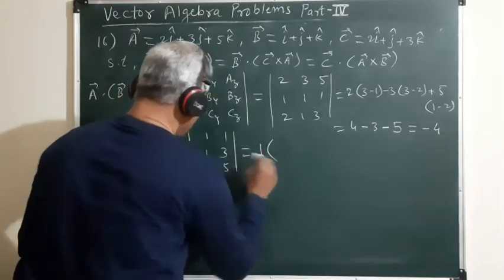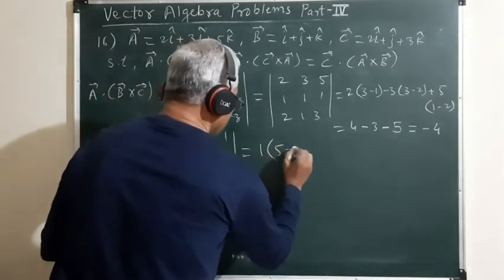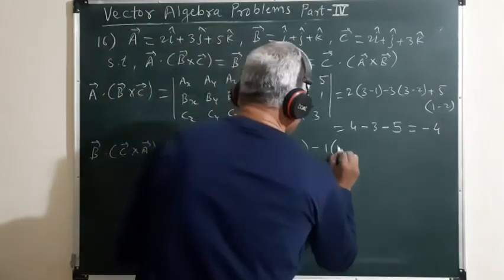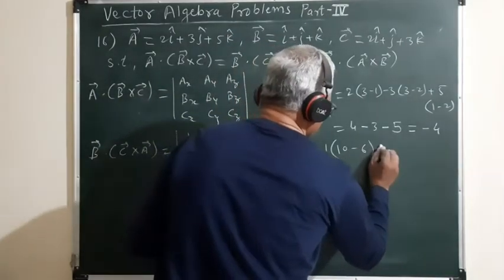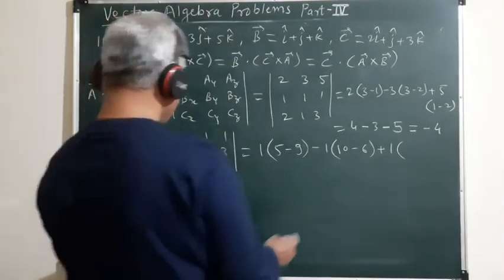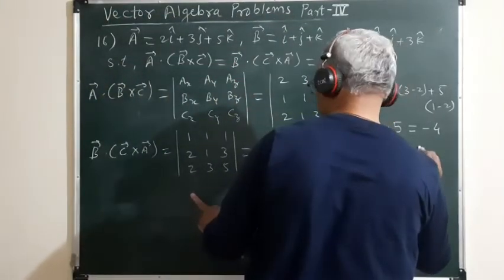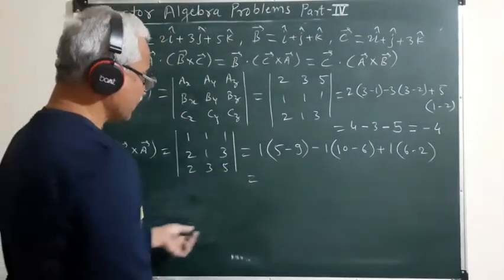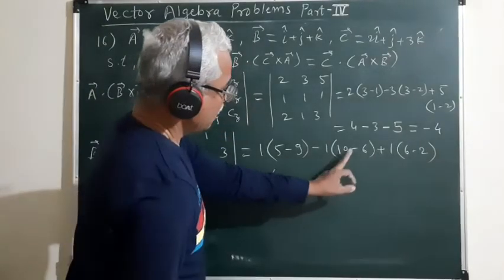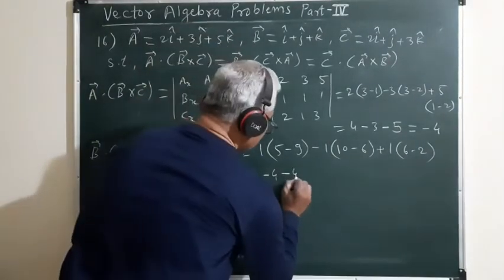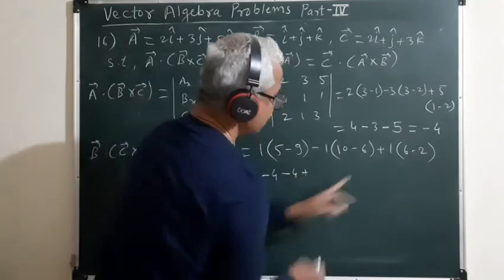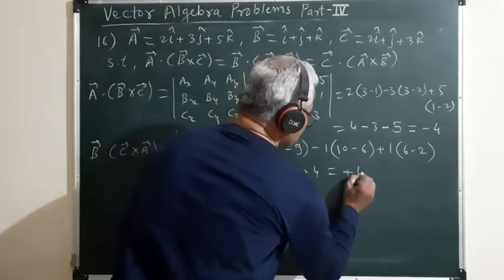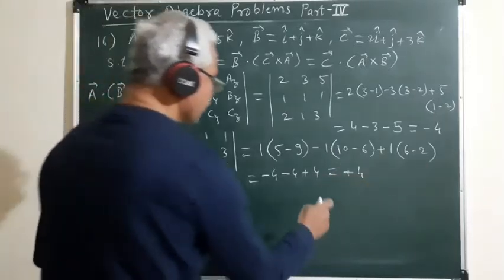So this is equal to 1 into bracket 5 minus 9, minus 1 into bracket 10 minus 6, plus 1 into bracket 6 minus 2. So this is equal to 5 minus 9 is minus 4, 10 minus 6 is 4, so it is minus 4, and 6 minus 2 is 4 into 1 is plus 4, so this is equal to plus 4. Sorry, it should be minus 4.